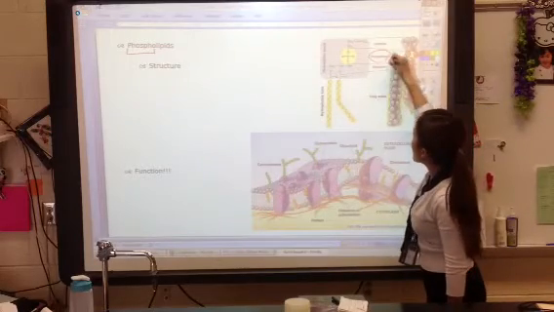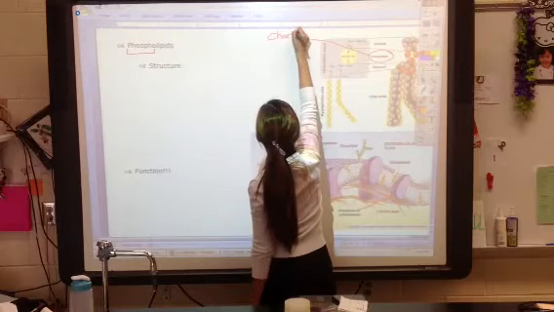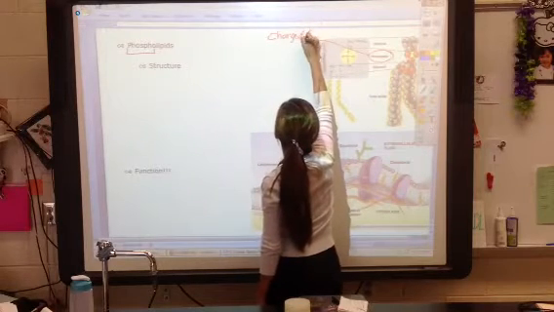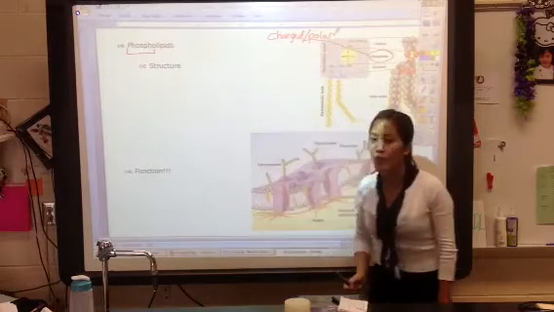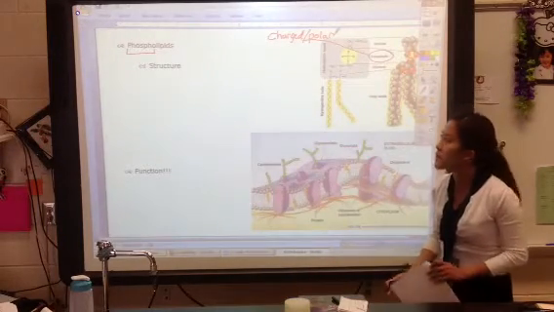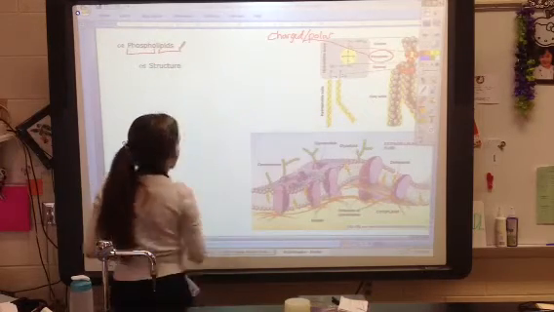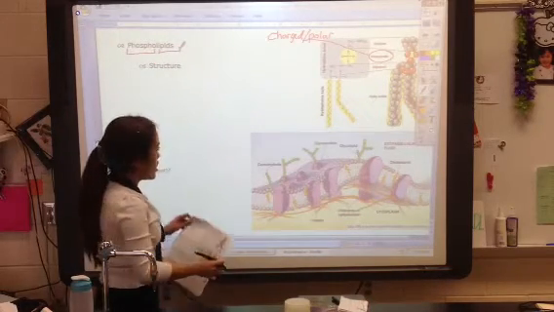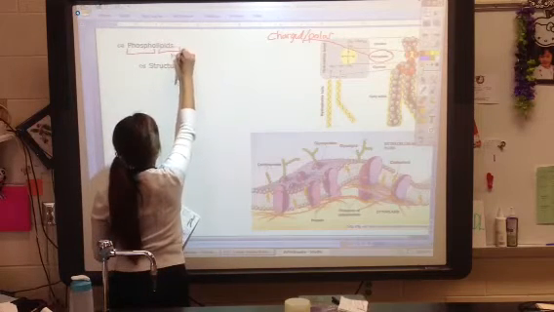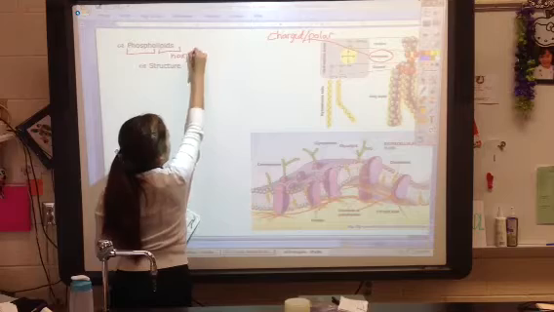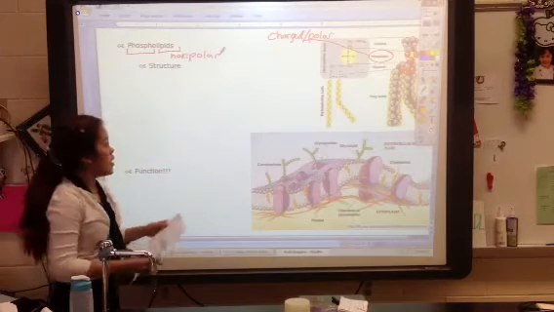And you do need to remember that this phosphate group is charged, or you also remember it as polar. It is polar because it has that charge. And then the lipid portion of it is actually going to be not charged or nonpolar. Okay?